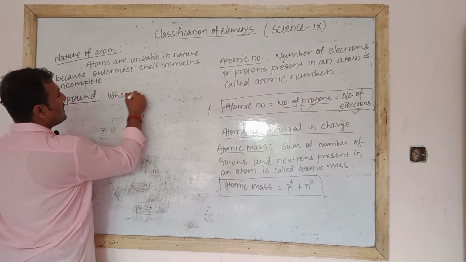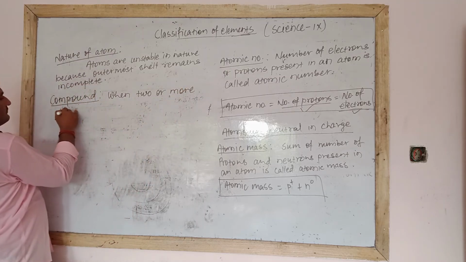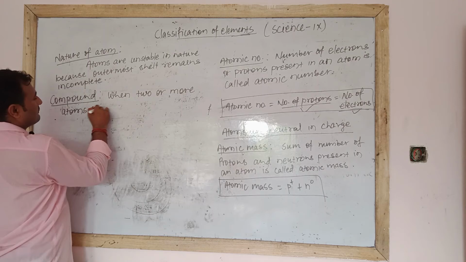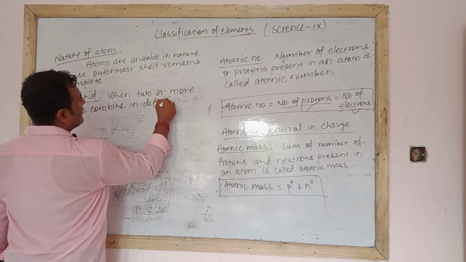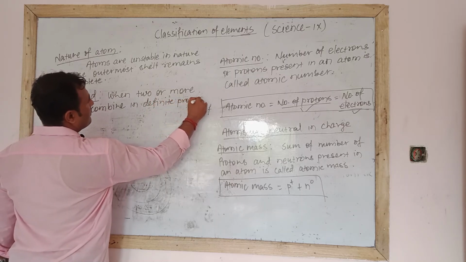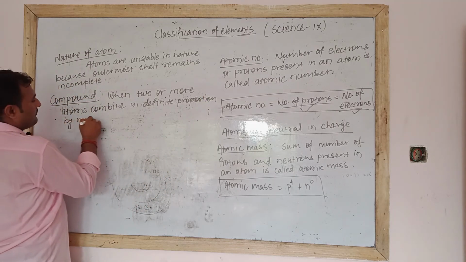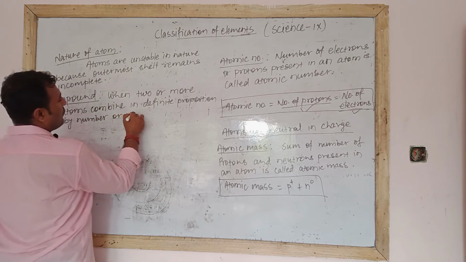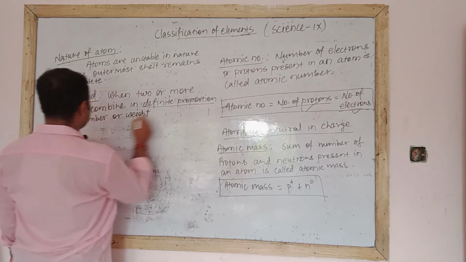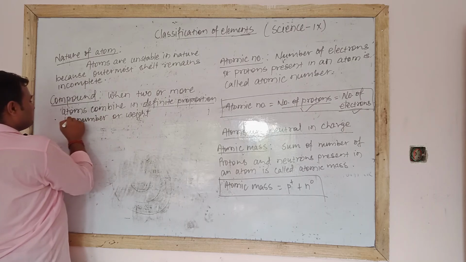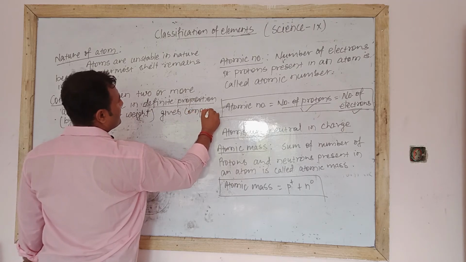Here we write: when two or more atoms combine in definite proportion, by number or weight, they give a compound.